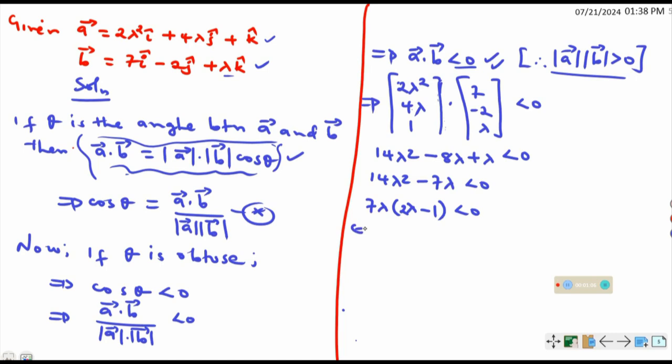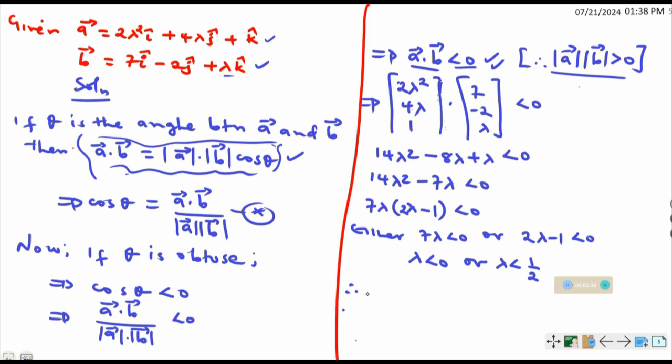So from here we can say either 7 lambda is less than 0, or 2 lambda minus 1 is less than 0. For this case, lambda will be less than 0, or lambda will be less than a half.